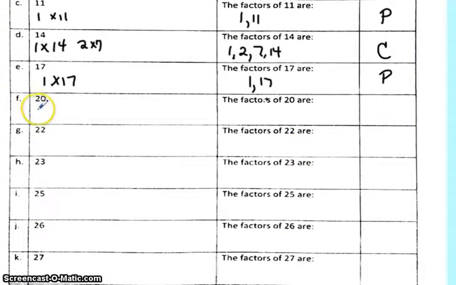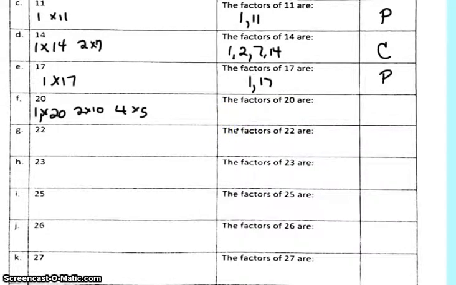Going on, the factors for 20 are 1 times 20, 2 times 10, and 4 times 5. So all the factors of 20 are, I'm going to start typing them so make it a little faster.